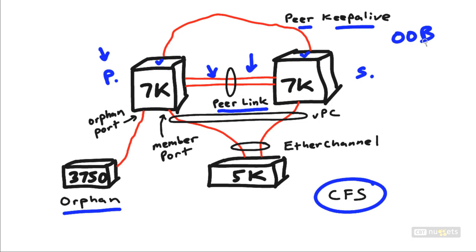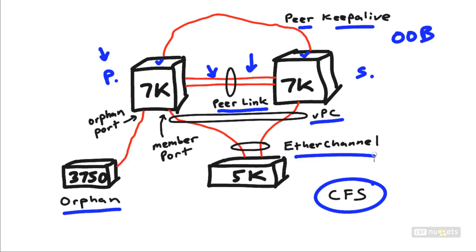Now, how about the virtual port channel itself? Well, you can see here it is, right? It's those links on the two separate 7Ks that lead down to the 5K. Notice on our 5K in this example, we have just a plain old ether channel configuration, right? So nothing fancy going on the 5K.